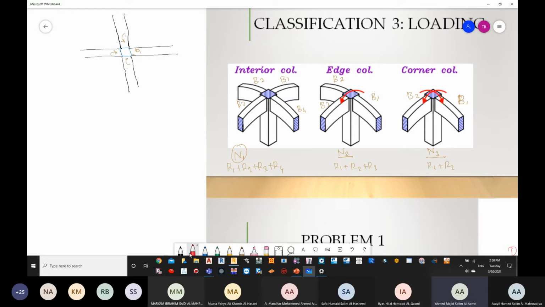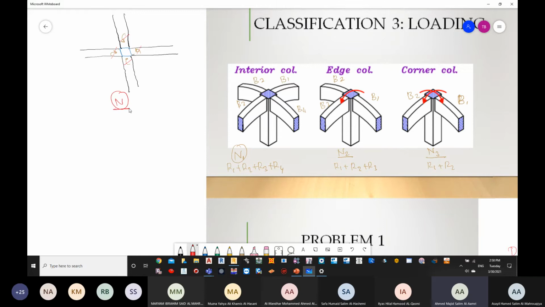What will happen now? If they have the same length and the same loading, this moment will be cancelled with this moment. This moment will be cancelled with this moment. So we ended up only having N1.